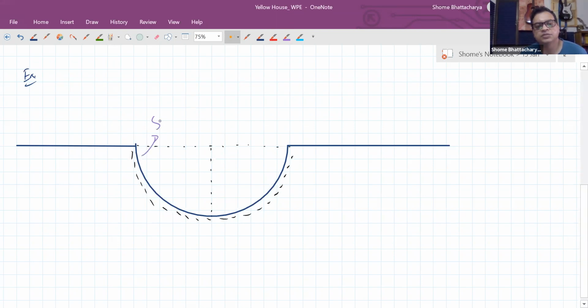So this is a smooth hemispherical surface of radius r. Now a particle is released from this position, and once it is released, because of gravity acting, it will come sliding down to this position eventually.